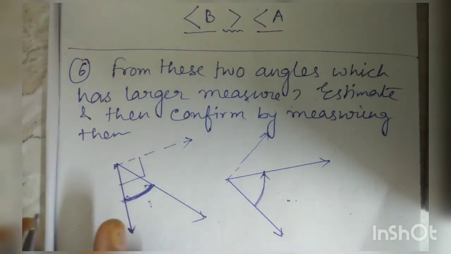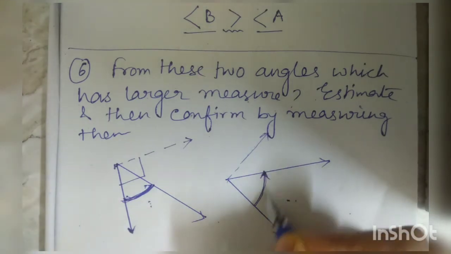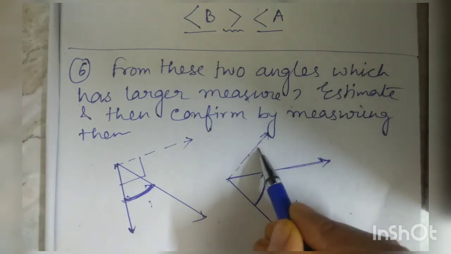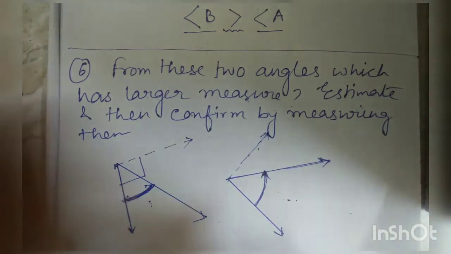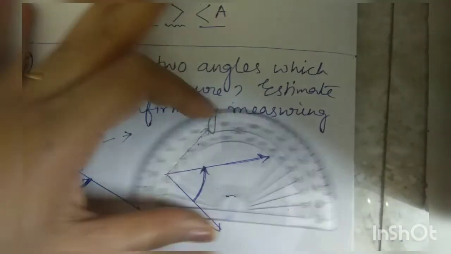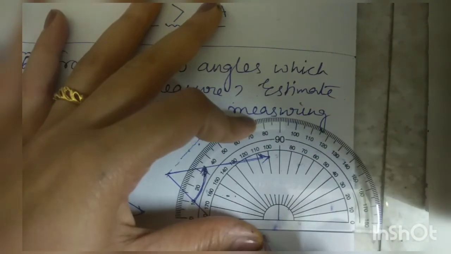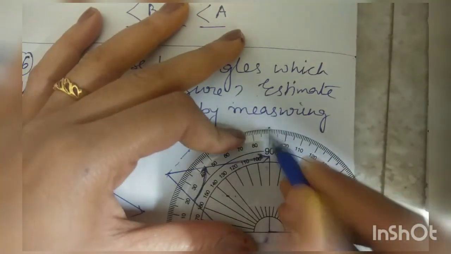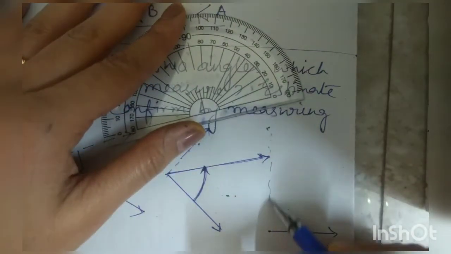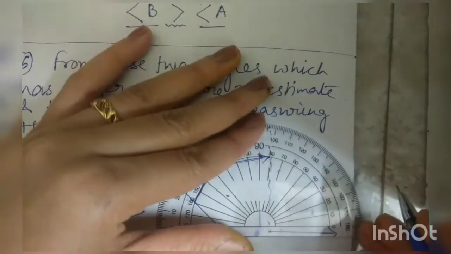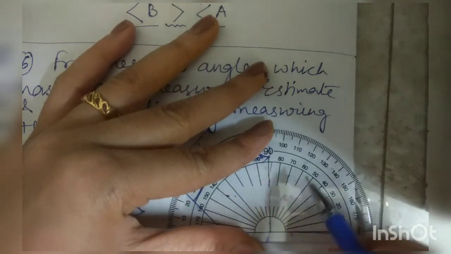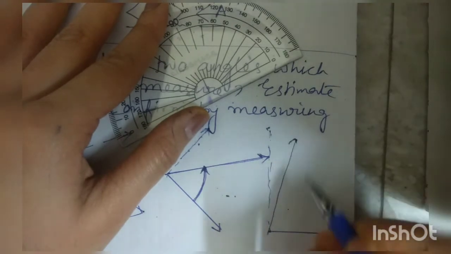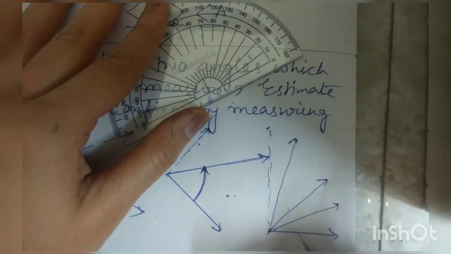It is a simple estimation. If this one is 90 degrees, this ray is closer to this ray. See, the measurement of the angles increases as they get closer to the 90 degree ray. Now see, this is the 90 degree angle. The angles whose rays are closer to 90 degrees will be larger than these angles.